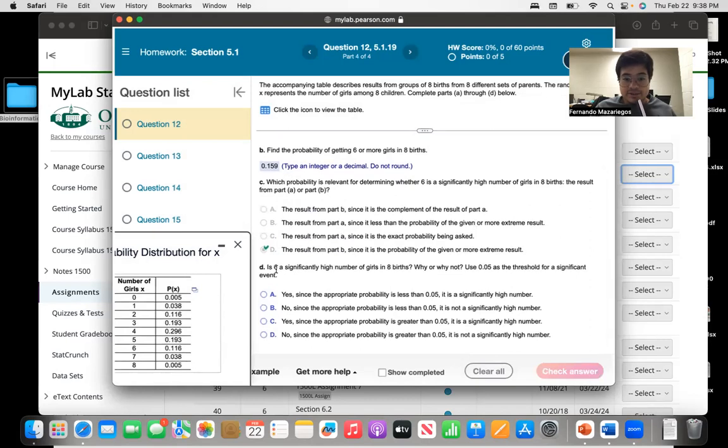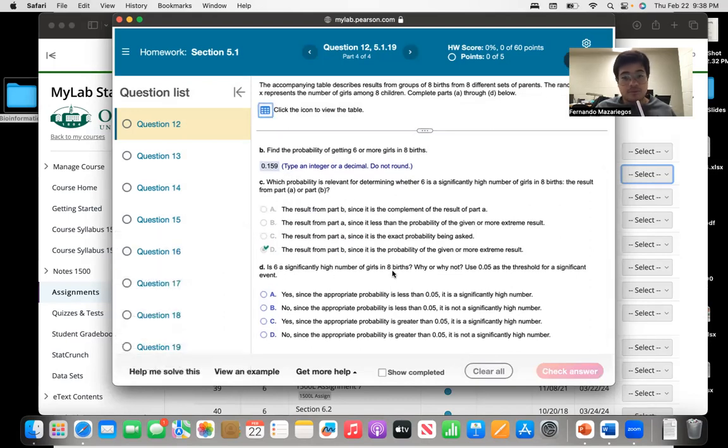And lastly, is 6 a significantly high number of girls in 8 birds? Why not use 0.05 as the threshold for a significant event? So again, from this definition of part C, we're looking at the probability of 6 or more. In this case, it is 0.159, and we compare that to 0.05.